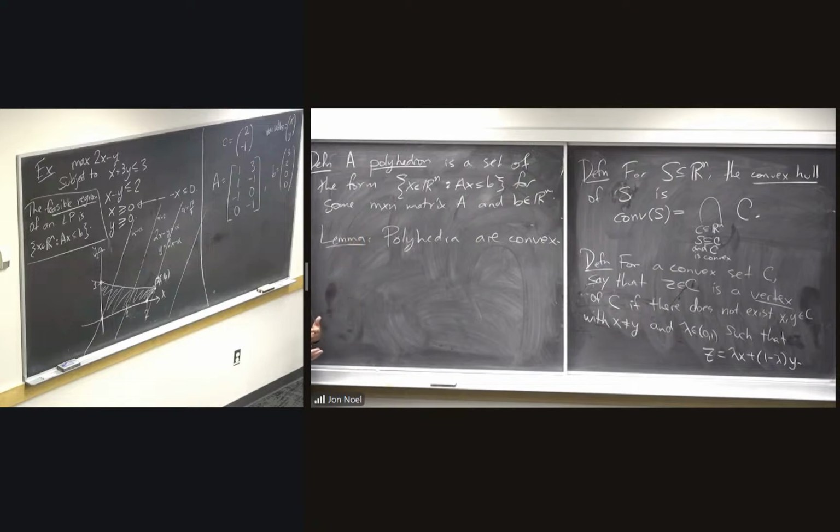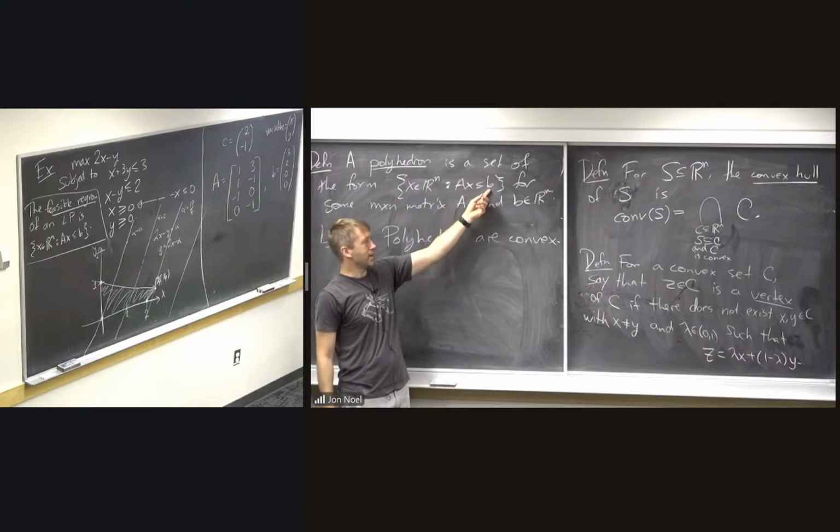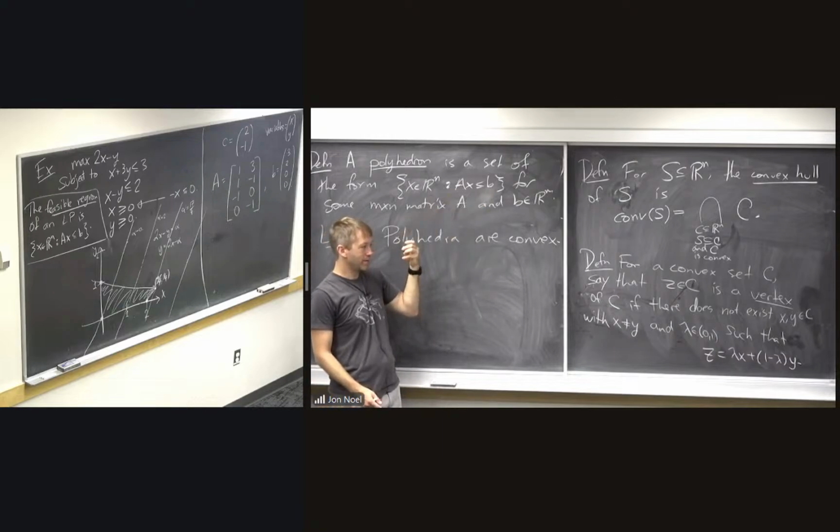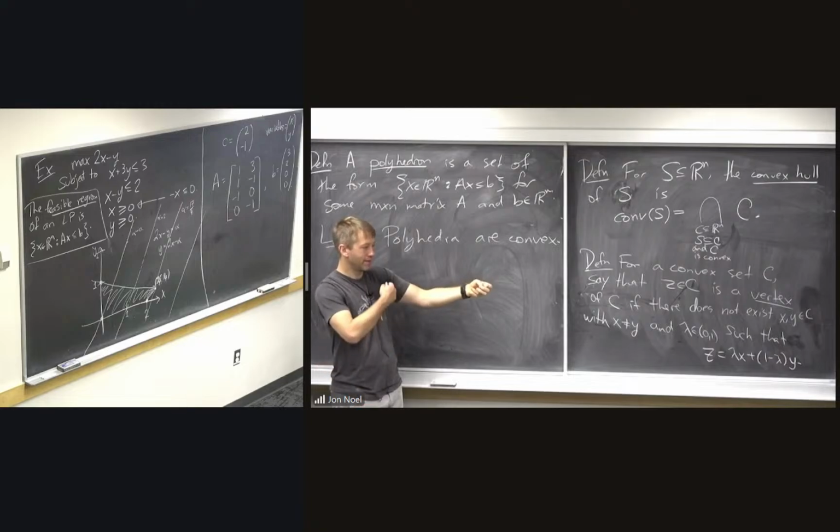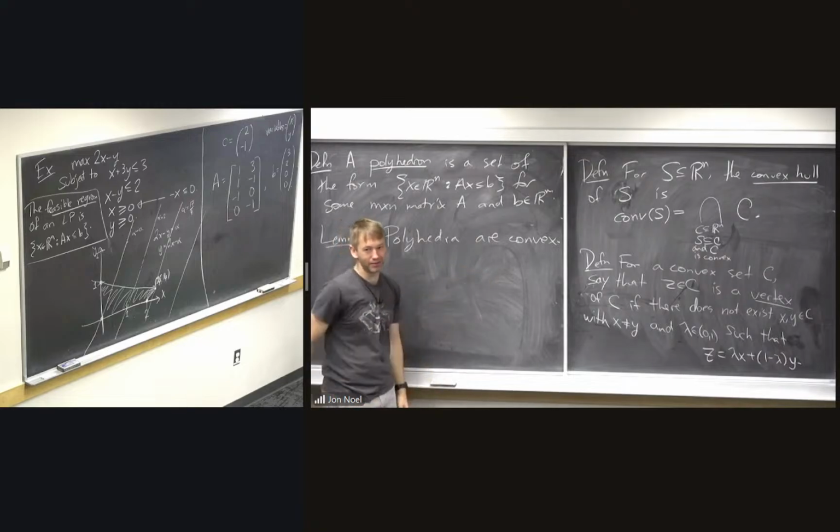If I take two things in this polyhedron, and take lambda times one and 1 minus lambda times the other, and apply A to that combination, everything's linear, so you can pull the A inside. Each of them will be at most b, and then you have lambda b plus 1 minus lambda b. That makes b, so it's all fairly simple.